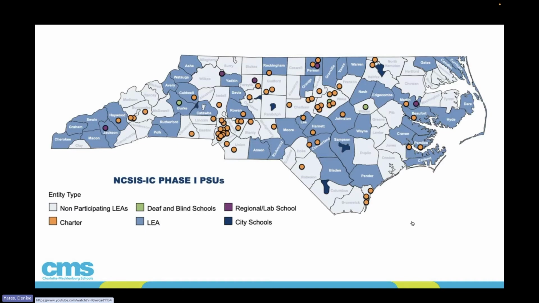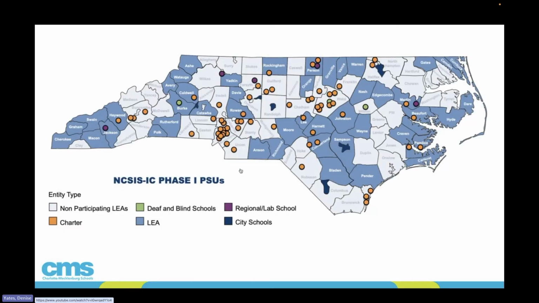So this first visual is just a representation of the phases we're in in our state. Our state as a whole decided to move from using PowerSchool to using Infinite Campus about a year or two ago. And because our state is so large, they split this into two phases. Phase 1 schools and districts are in blue.